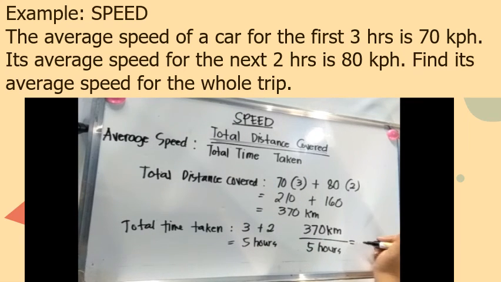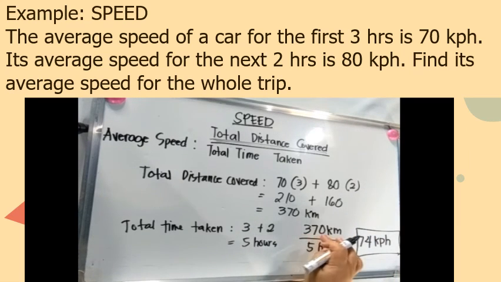So we have 74 kilometer per hour. So this is now our answer. So si 370 divide nimo og 5. So we have that average speed of a car is 74 kilometer per hour. Okay? Naka-follow, naka-gets? Very good.